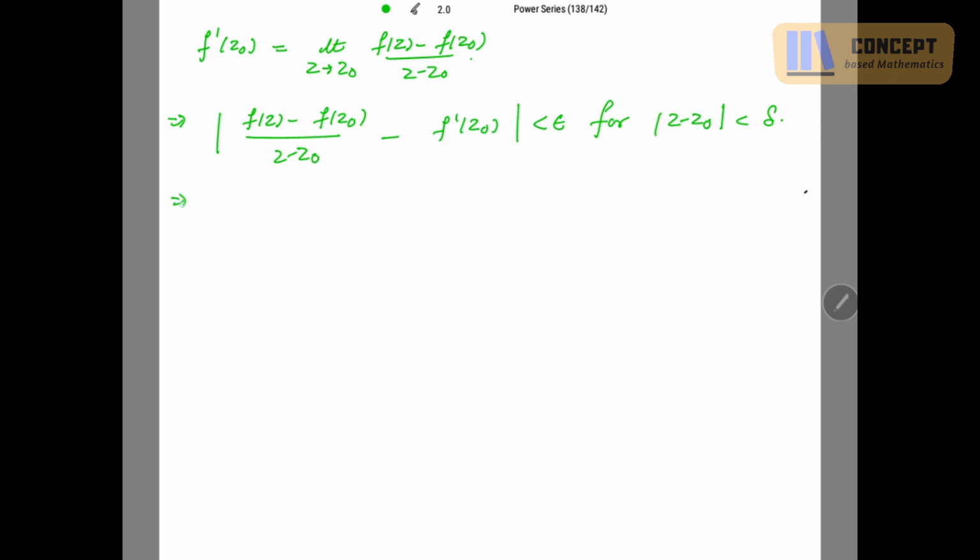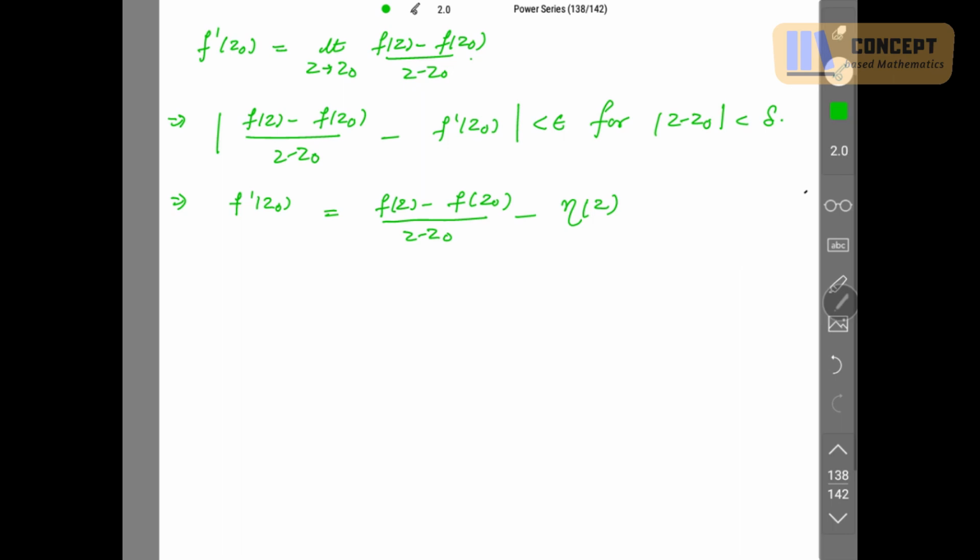So this implies f dash z0 is equal to f of z minus f of z0 over z minus z0 minus eta of z. Is it clear?